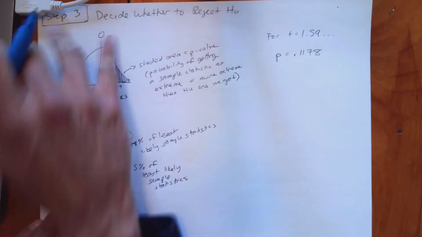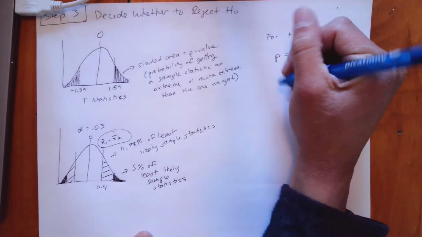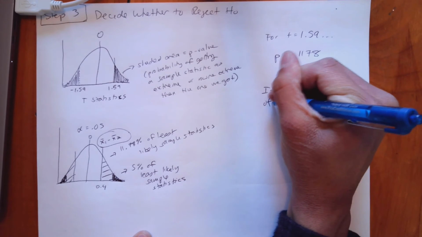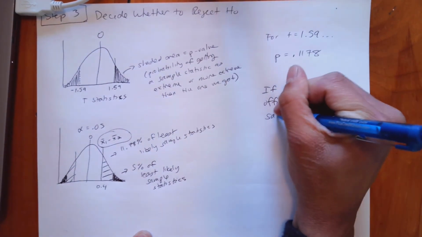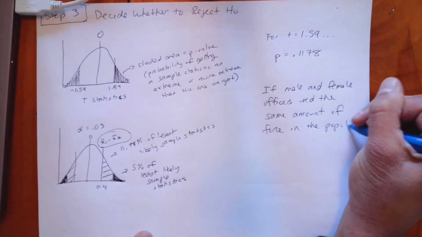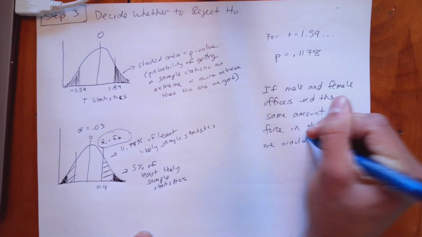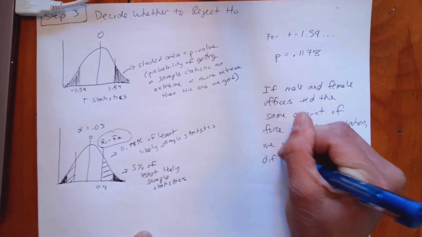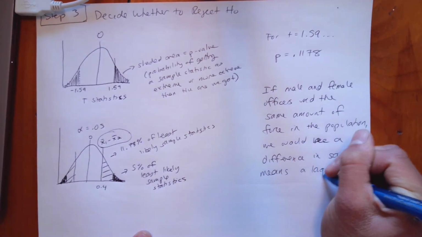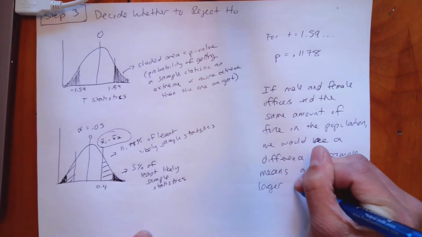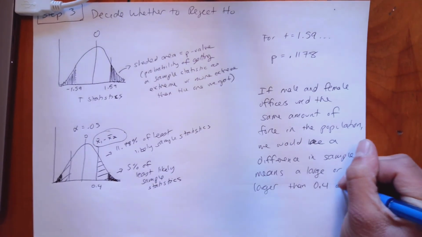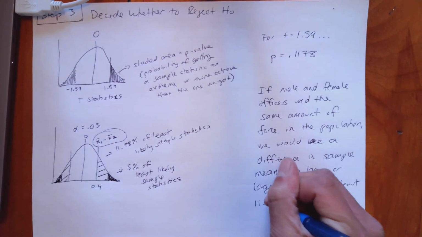All right, so I'm also going to just write some of this out. So we'd interpret our p-value as saying that if male and female officers use the same amount of force in the population, we would see a difference in sample means as large or larger than 0.4, that's the one we got, about 11.78% of the time.